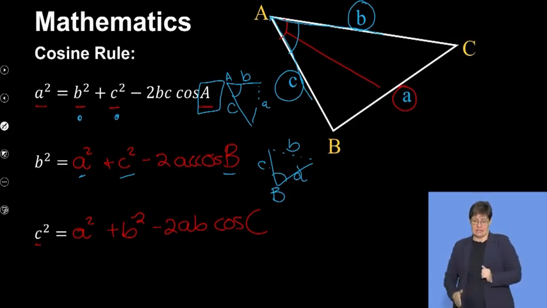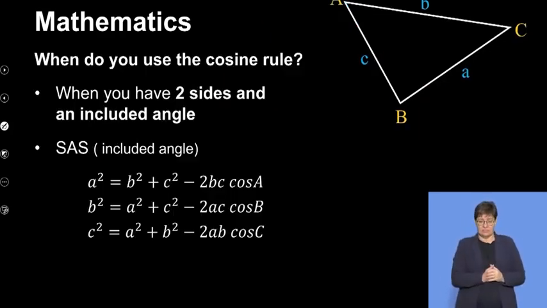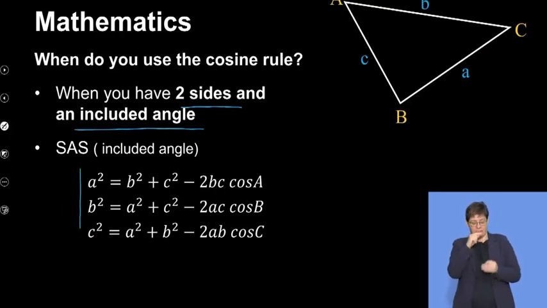Similarly, in the previous example, we had this side, this angle, and this side. So let's see what we can conclude. We use the cosine rule when we have two sides and an included angle. And here are our three versions that we had earlier.